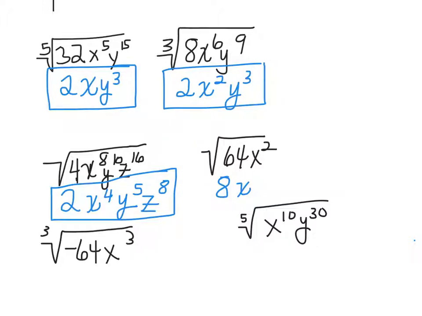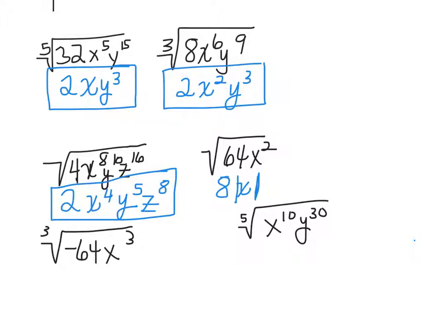But now hold up, this was one of those situations where I have an even index and an even exponent. So really what I should probably represent this as is 8 times the absolute value of x, just to make sure that the x ends up being positive.